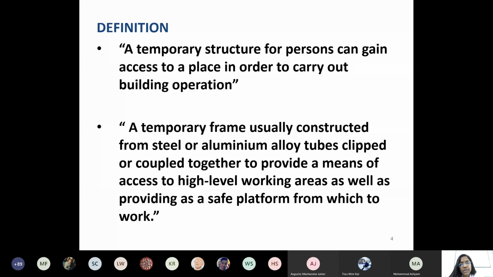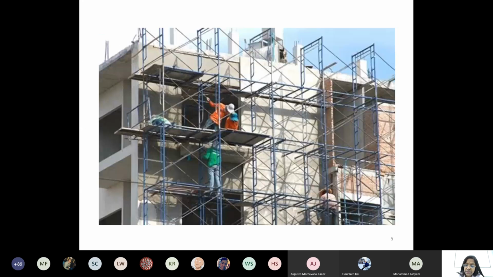All these types of jobs are done using this temporary structure. A temporary framework usually constructed from materials that can be wood, alloy, polymer, aluminum, metal, steel, any type.